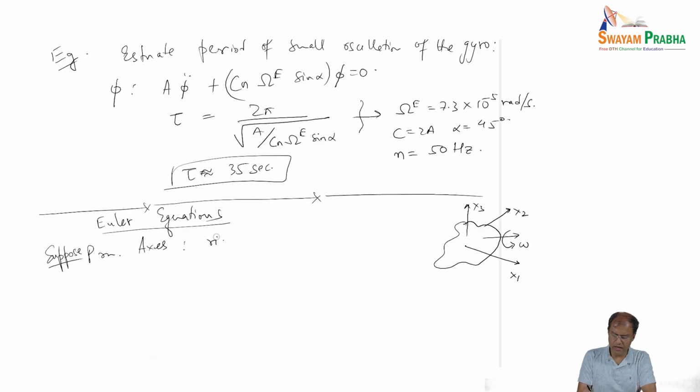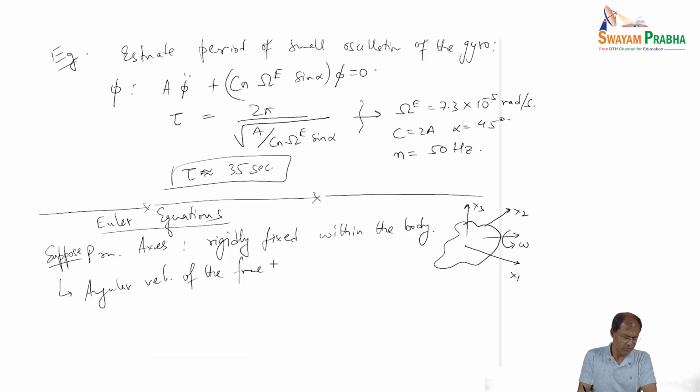So suppose the principal axis is rigidly fixed or embedded within the body, right? What we see is that the angular velocity of the frame is the same as the angular velocity of the body in which it is embedded.